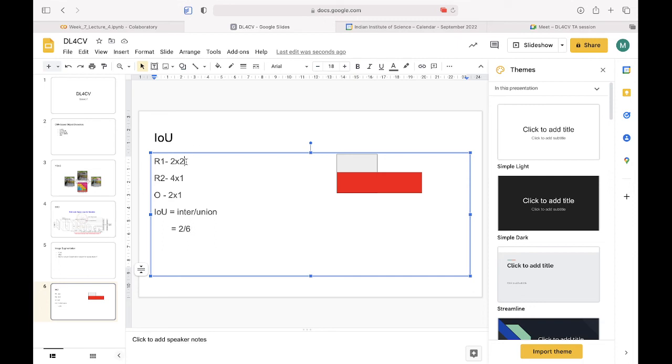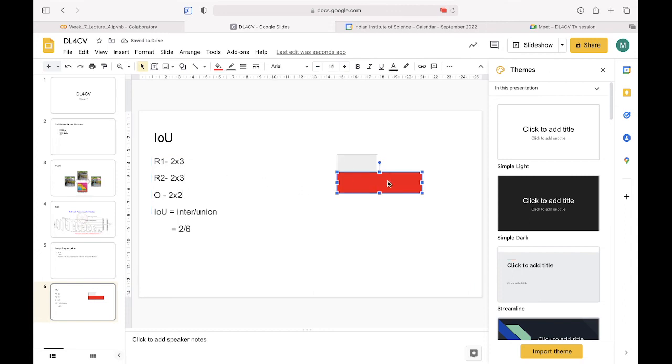2 cross 3, 2 cross 3, 2 cross 2. So say 2 cross 3. This is 2 cross 3. Region 2 is also 2 cross 3.